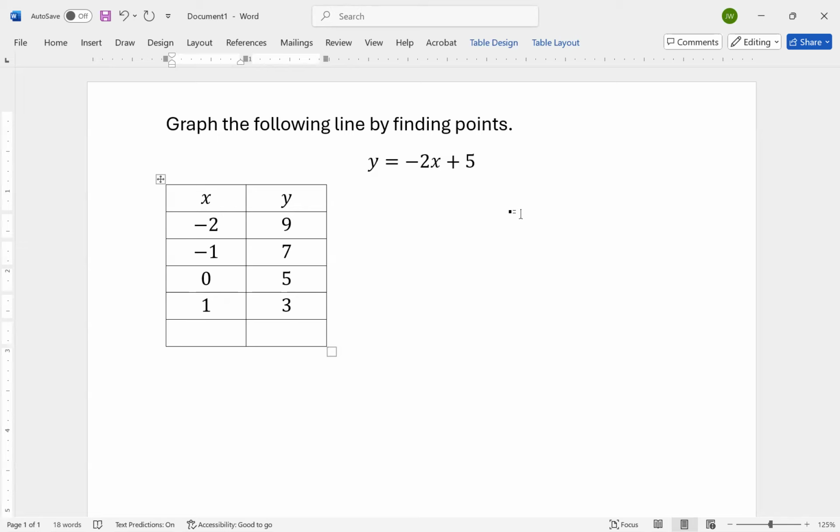And if I plug in a positive 2, I end up getting a positive 1. So this gives me 5 different points, 5 different ordered pairs, which make this equation true. And we'll see that when we plot these ordered pairs on my Cartesian coordinate plane, they form a pattern.